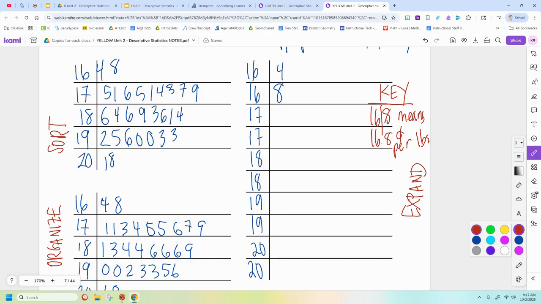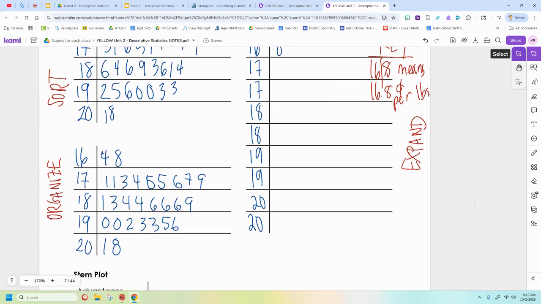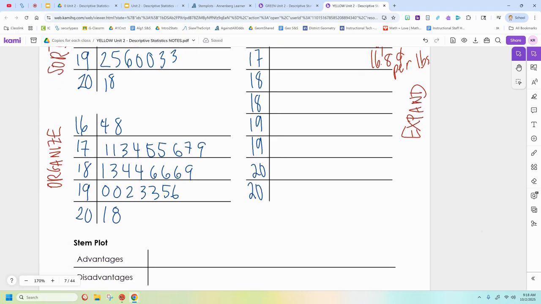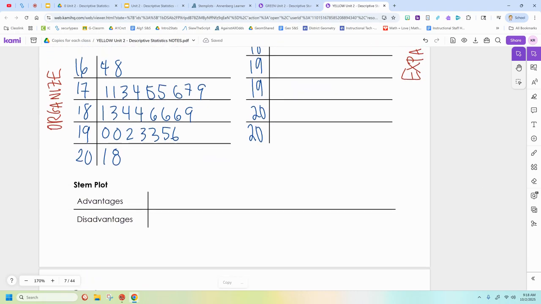All right, so I know I've lost you. It was a long lecture with a video, but basically, what are some of our advantages to a stem plot? What can it do for us? Reading data easier. Make reading data easier. Okay, so it can organize our data.